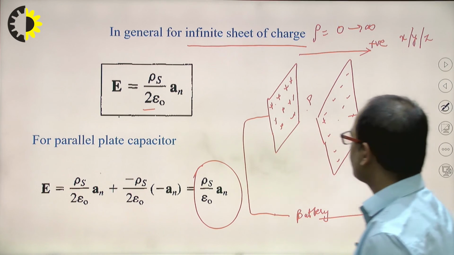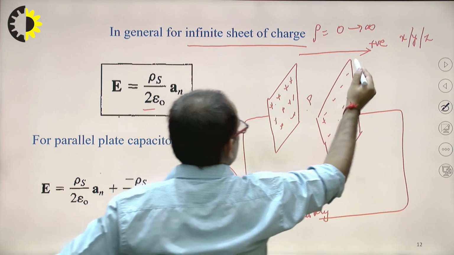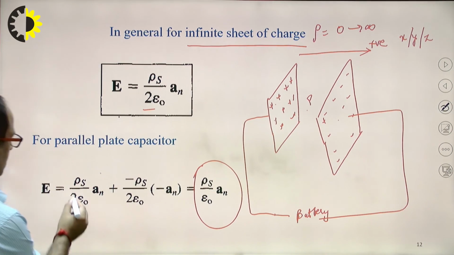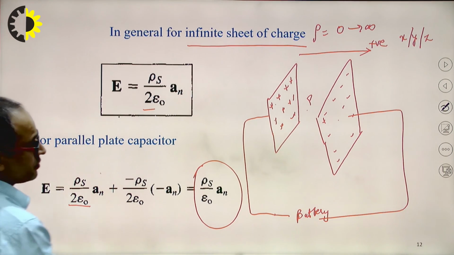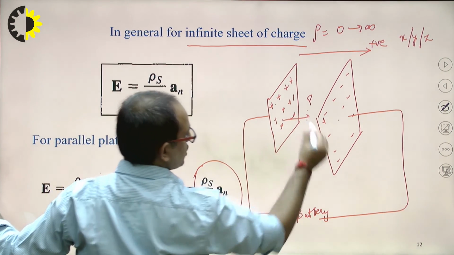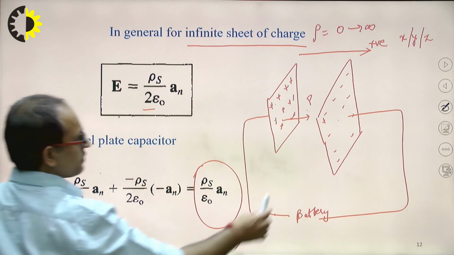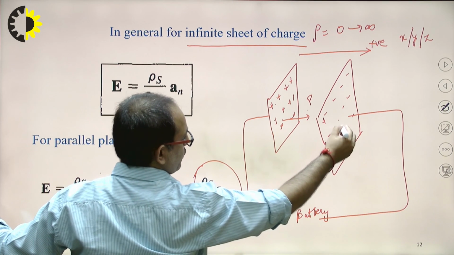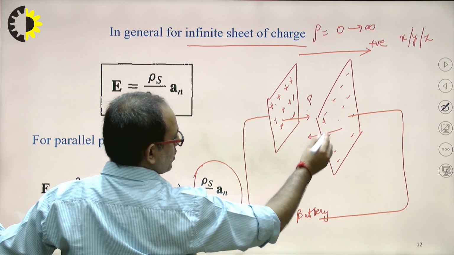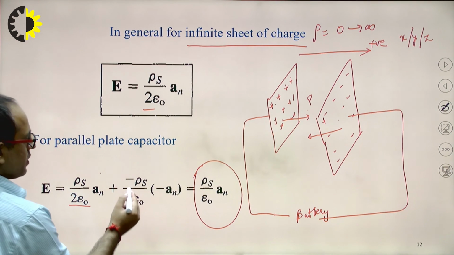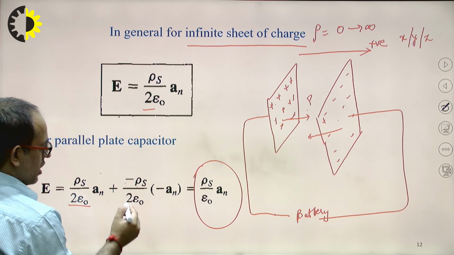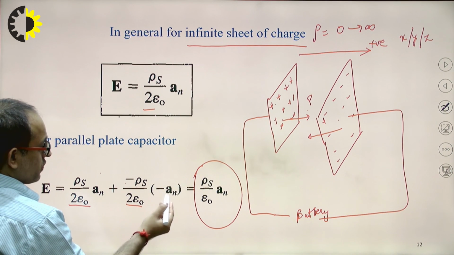You will see that this is the positive x-axis, and the field is rho s upon twice epsilon naught a cap n, this one. For the negative charges, the electric field will be in this direction. Clear? So you will get minus rho s upon twice epsilon naught times minus a cap n.